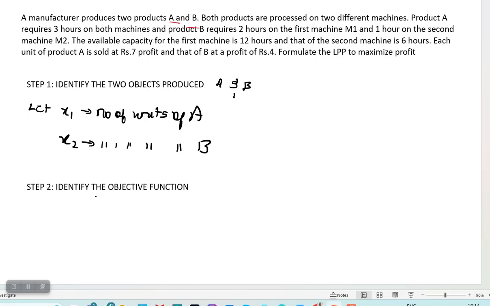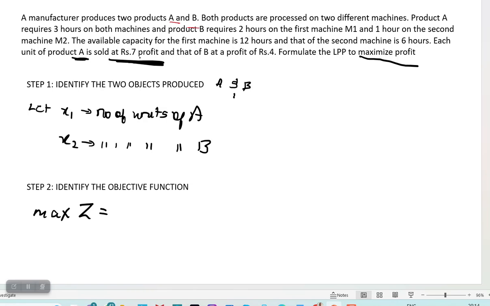Next, we identify the objective function. To identify the objective function, we have to read the last line. Whatever we are going to do, we have to maximize the profit. So the objective function will be maximize. If minimize had to come, it would be minimize. Maximize Z is equal to, now each unit of product A is sold at 7 rupees profit.